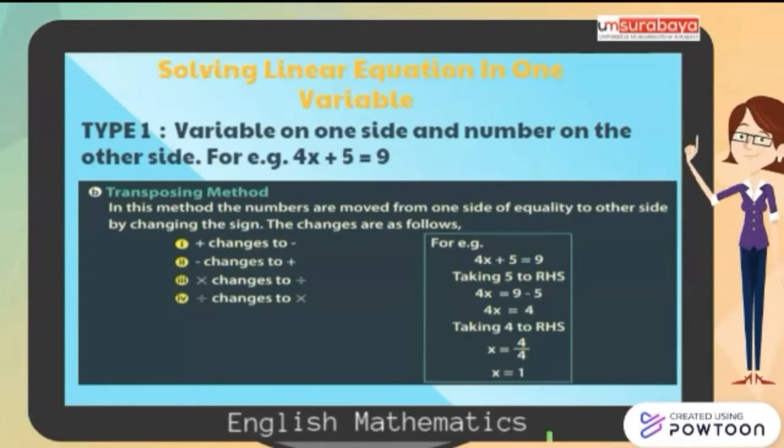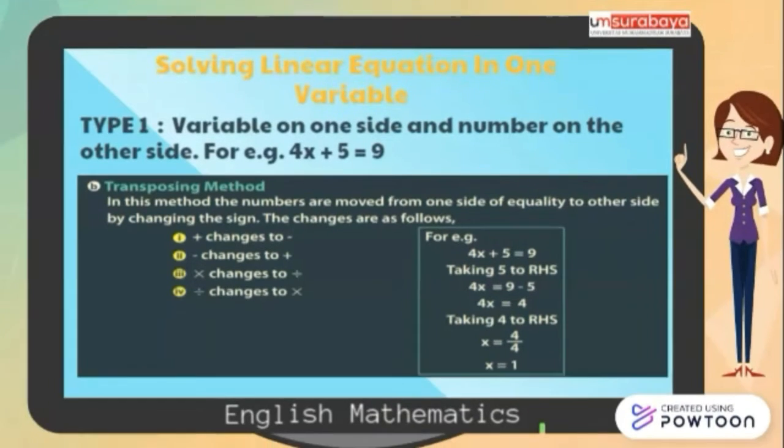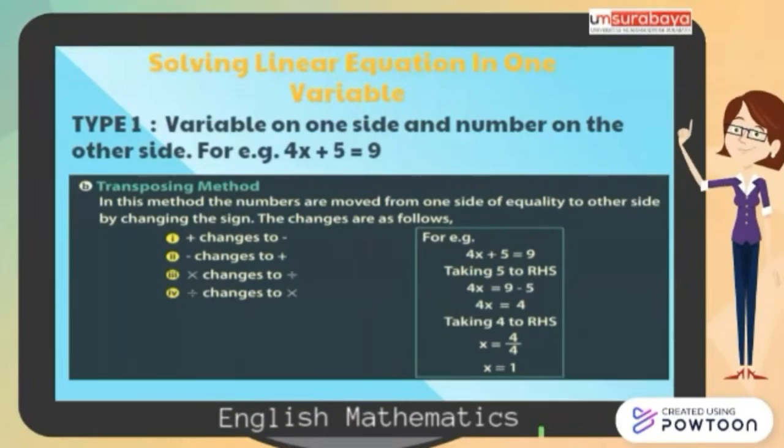For example, 4x plus 5 equal to 9, taking 5 to the RHS. 4x equal to 9 minus 5, 4x equal to 4, taking 4 to the RHS. x equal to 4 divided by 4, and then x equal to 1.